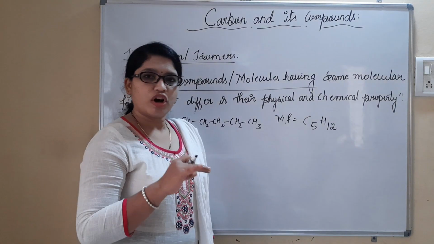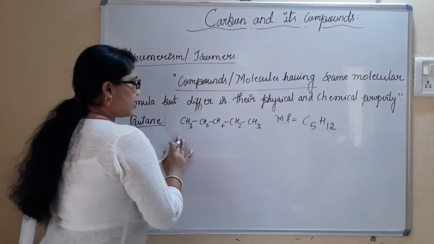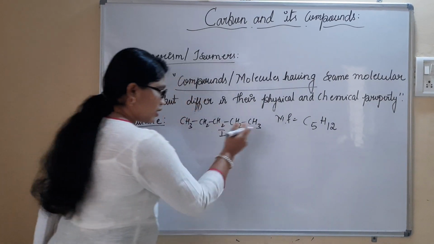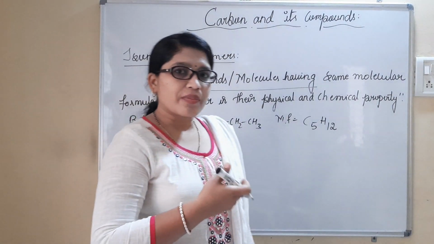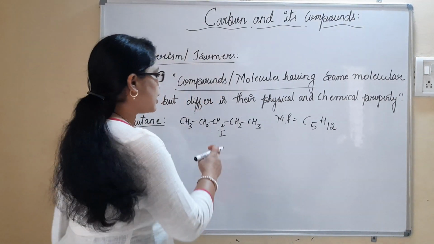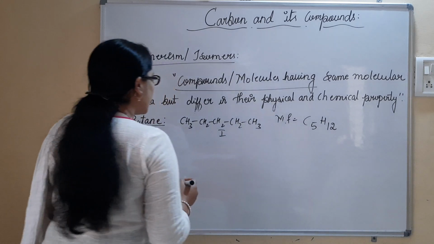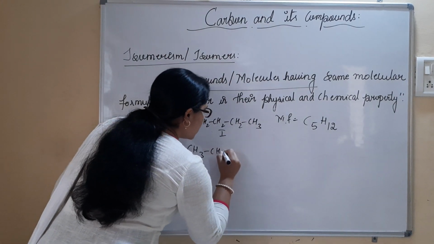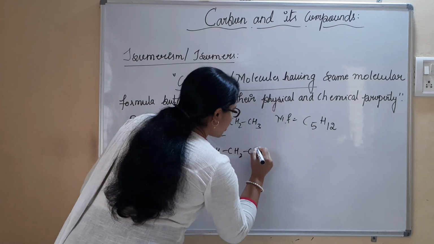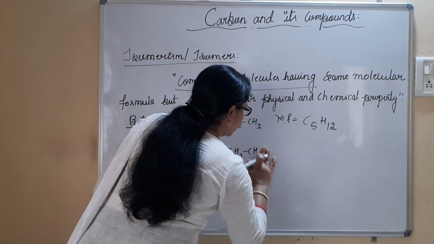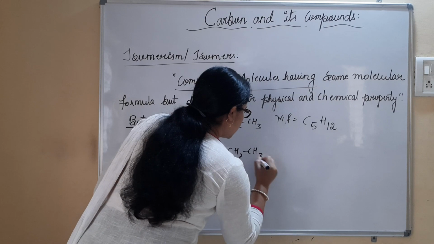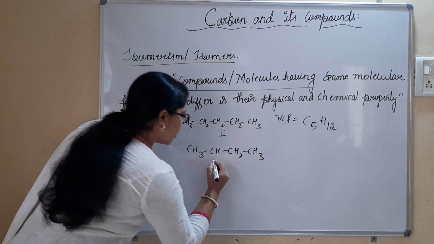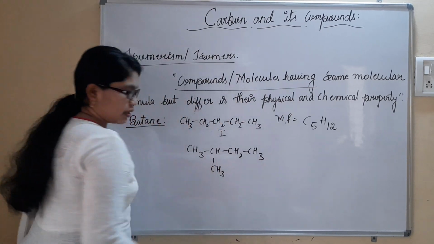When you write the structure, I can consider the straight chain or the normal chain itself as the first structure. Likewise, for the second structure, CH3, CH, CH2, CH2, here I have CH3. Let me take this CH3 here. It is becoming CH3.